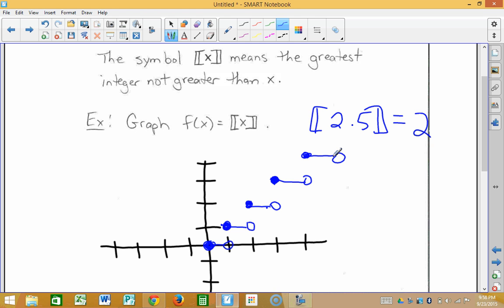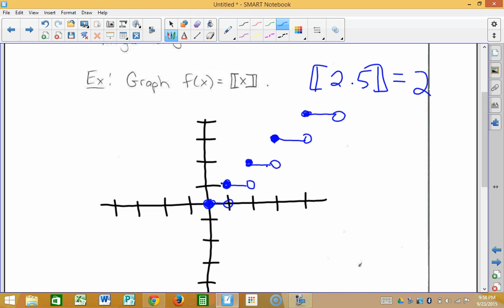Now, same thing, we go in a negative direction. So kind of go backwards here. I can put an open dot here at 0, and then a solid dot at -1.